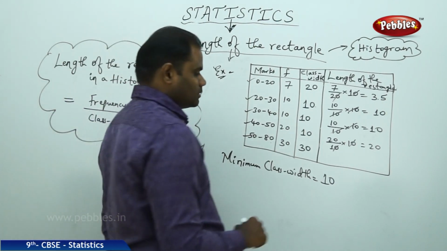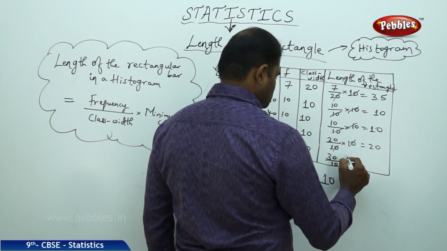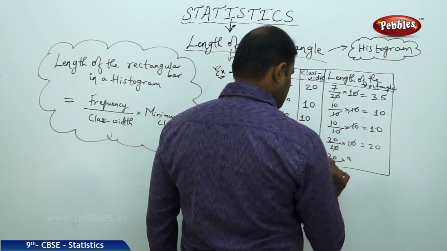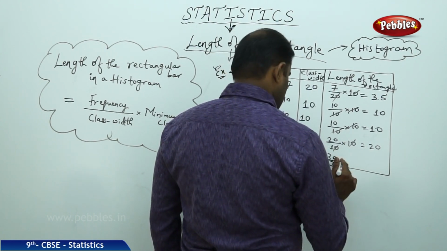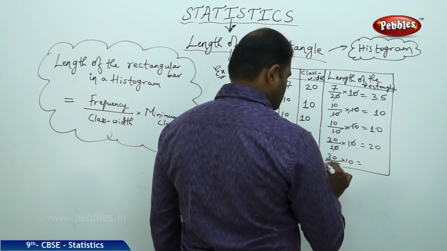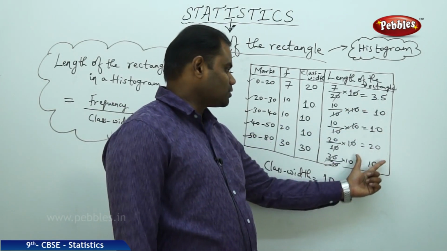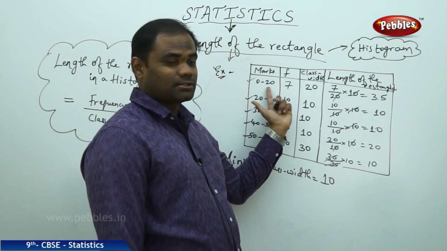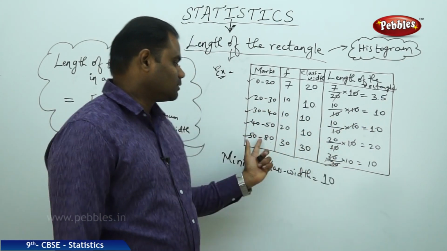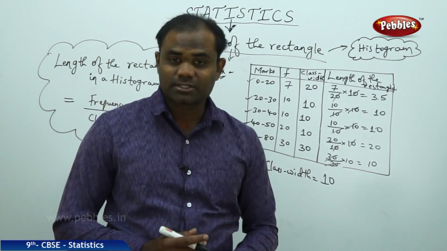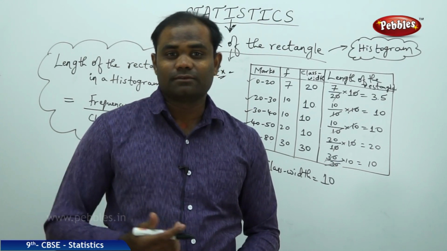And finally the frequency by 30 into the minimum class width is 10. Therefore, the length of the rectangle for each of the class intervals is 3.5 for this class interval, 10 for this, 10 for this, 20 for this, and 10 for this. This is how we understand the length of the rectangle connected with the respective class intervals.